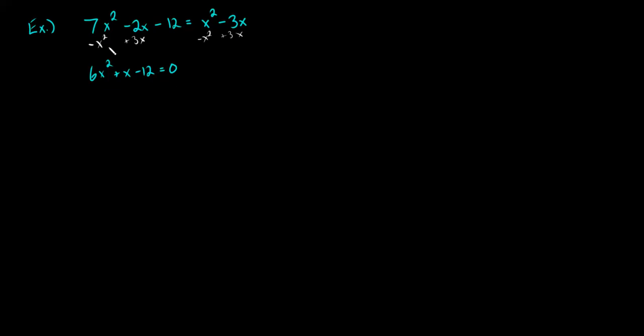And now from here, we should go ahead and factor this, okay? And I'm actually going to go ahead and show this one by hand because this is one that requires maybe just a little bit more work. So we're multiplying to a times c. Well, 6 times negative 12 is negative 72. And we want to add to b, which is 1, okay?